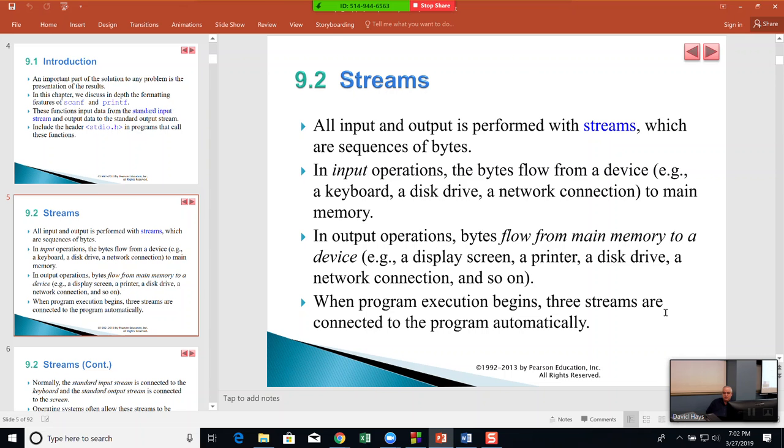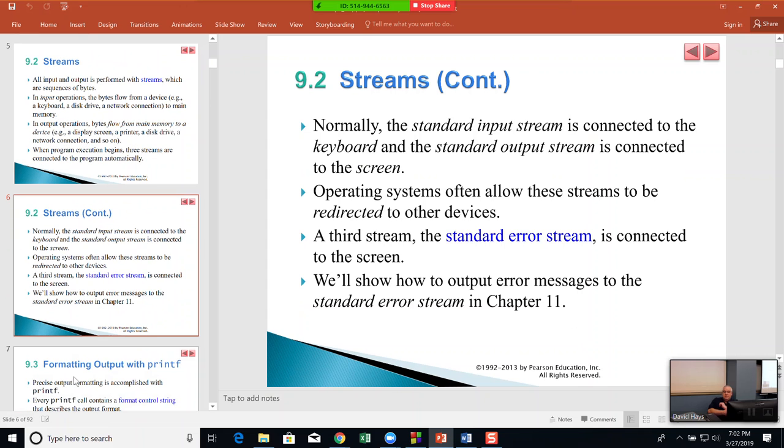When program execution begins, three streams are connected to the program automatically. Normally, the standard input stream is connected to the keyboard, and the standard output stream is connected to the screen. So that goes there by default. So when you do a scanf or a printf, it goes to those devices.